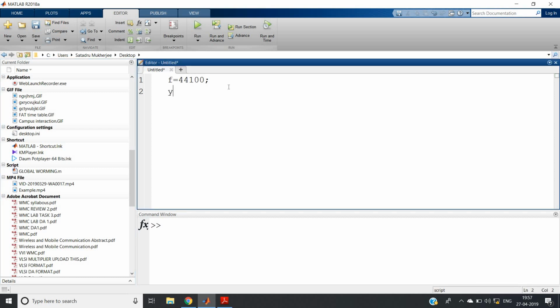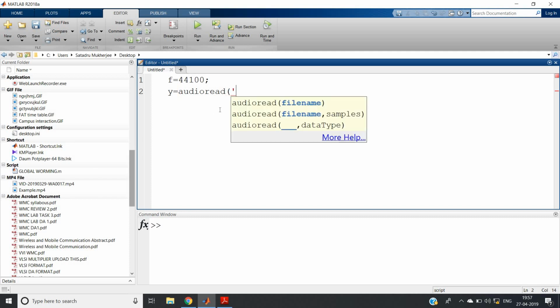Now write y equal to audioread. First you have to read the audio file, right? So audioread, then the name of the file, example.mp4.